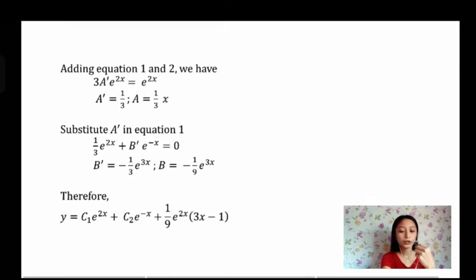Then we get the value of b prime, equals negative 1 over 3 e^3x. Then b equals negative 1 over 9 e^3x. So the general solution is y equals c sub 1 e^2x plus c sub 2 e^negative x plus 1 over 9 e^2x times (3x minus 1).